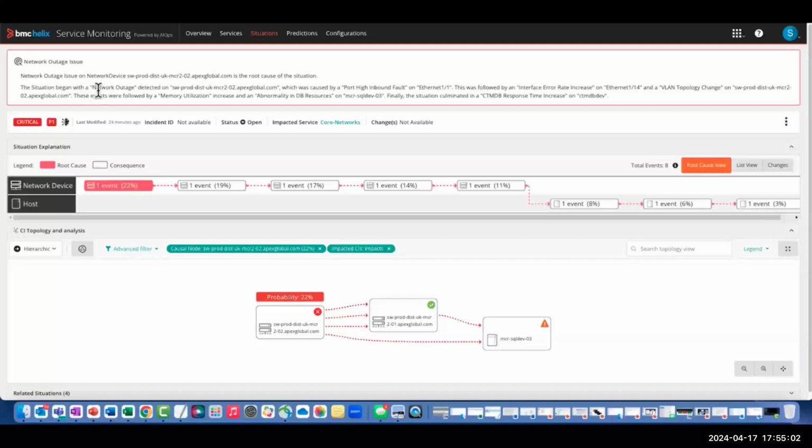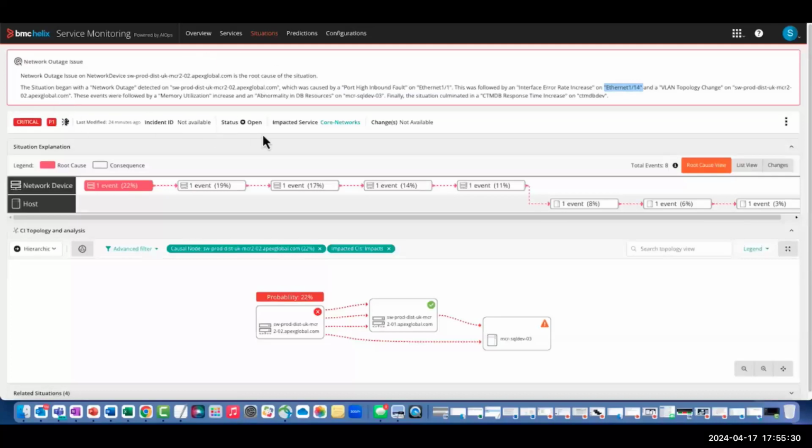So the situation began with a network outage detected on this, which was caused by this, and it was followed by an interface error rate increase on this Ethernet device, and so forth and so on. So this is a human readable description of the situation.